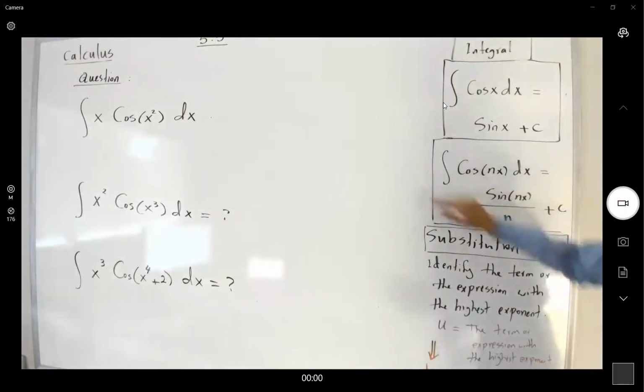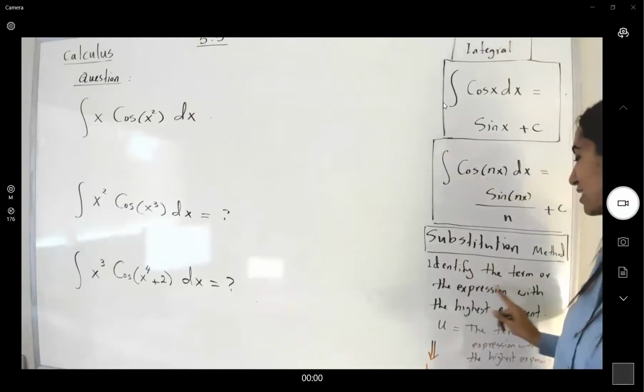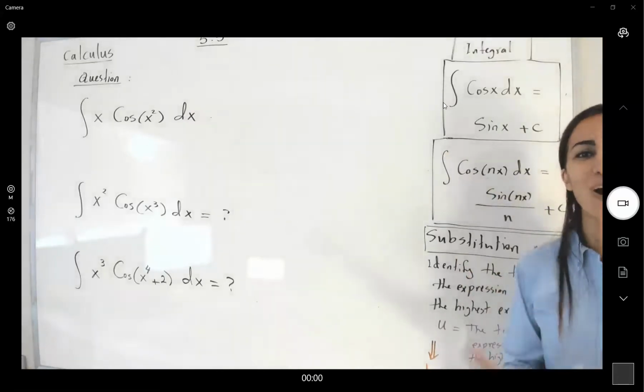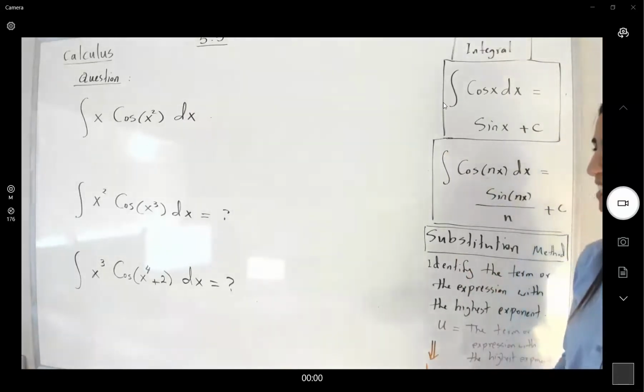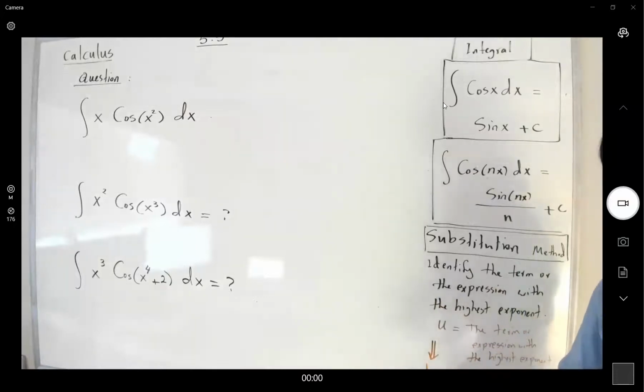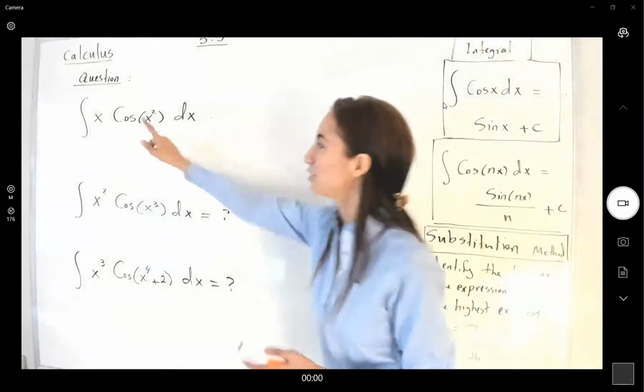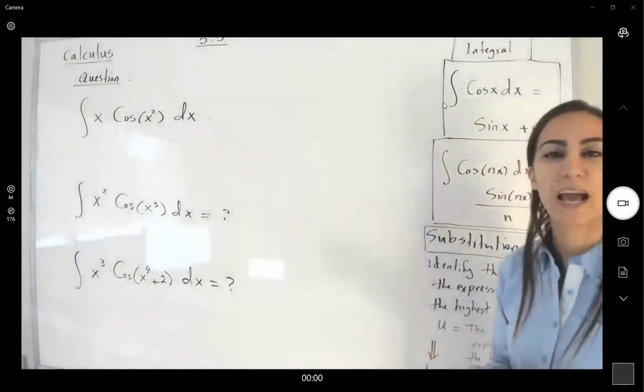One more time. In substitution method, we identify the term or the expression with the highest exponent. Then we need to find the derivative of that highest term or highest expression. Well, okay. So here we have u, which is equal to x squared.